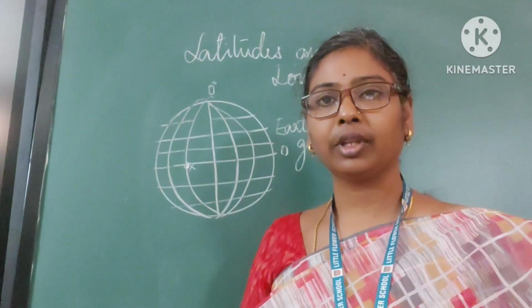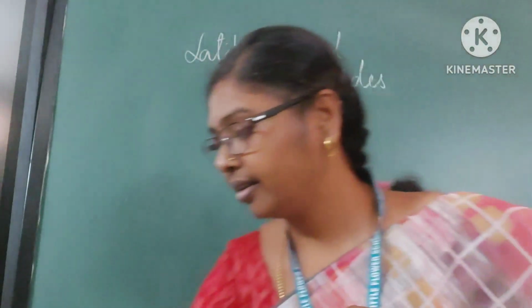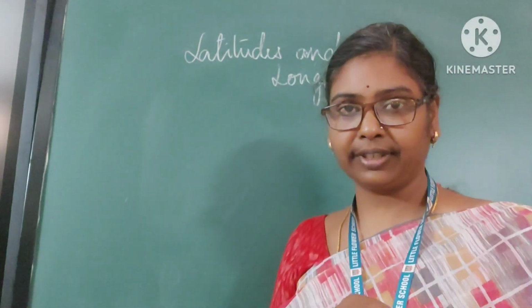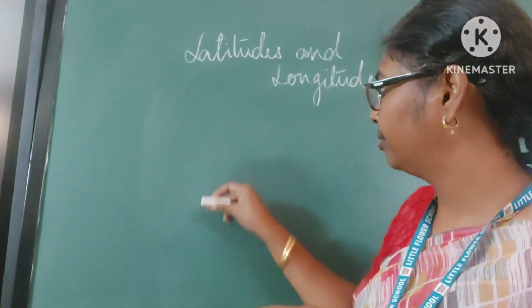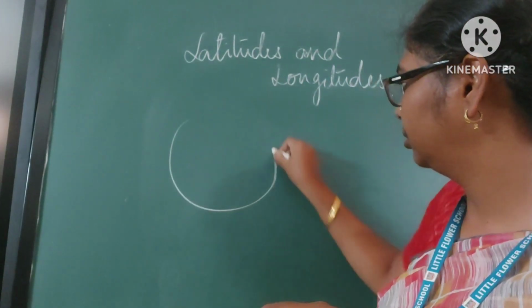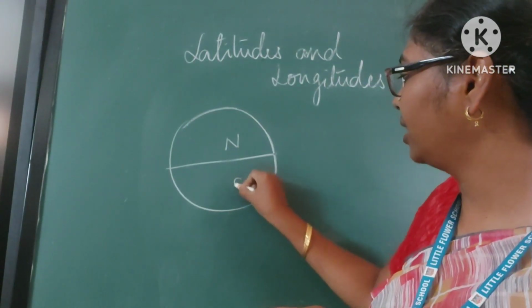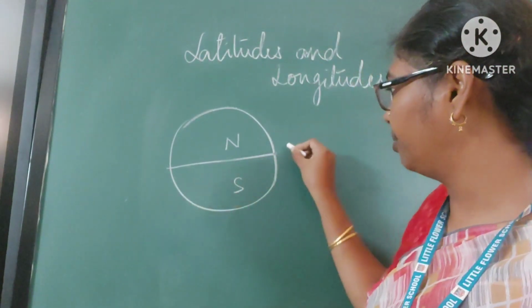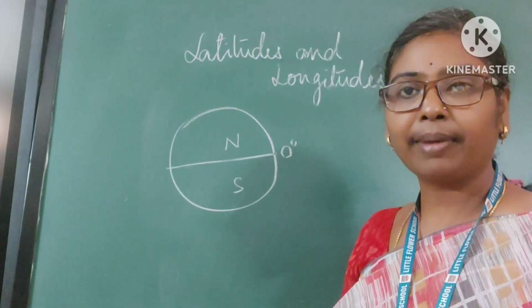Right. So when we see, the earth is divided into 4 hemispheres. The northern hemisphere and southern hemisphere are divided by the equator.